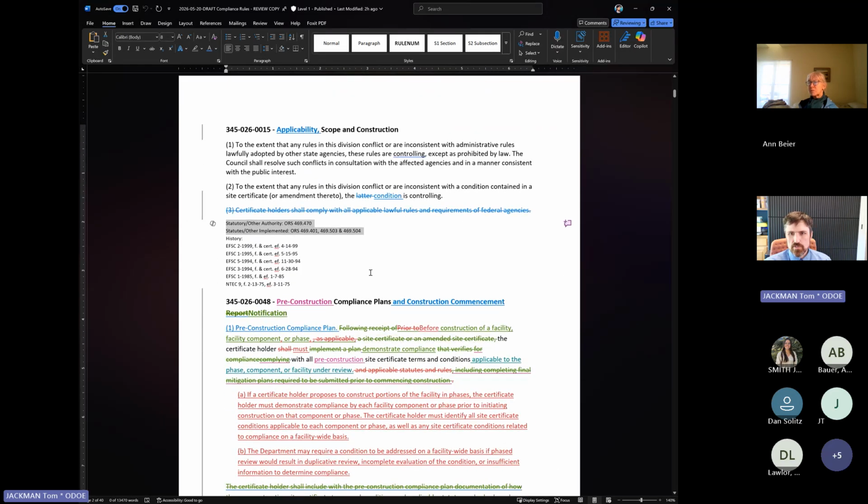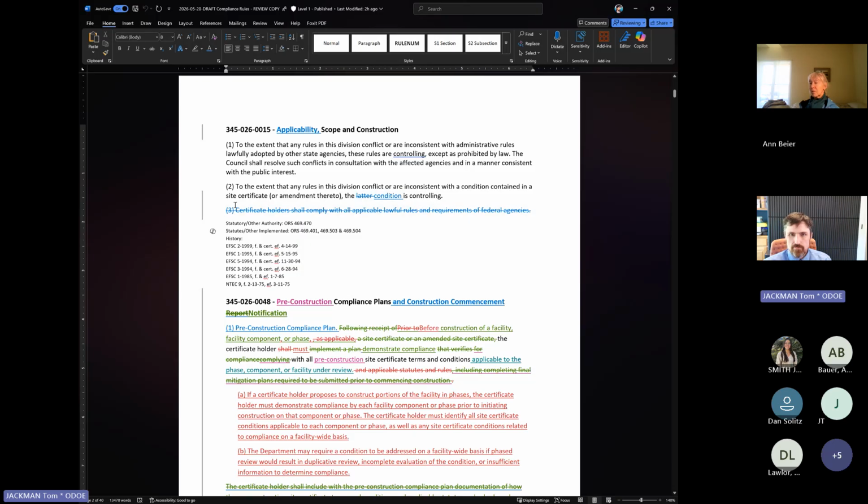Okay, so let's start here with some more substantive changes in Rule 15. As mentioned at a previous RAC meeting, one of the things we're trying to do with this and all our rules, with each rulemaking, is identify language in the rules that directs the council or the department to do things that they have not been directed to do or that are not within their authority.